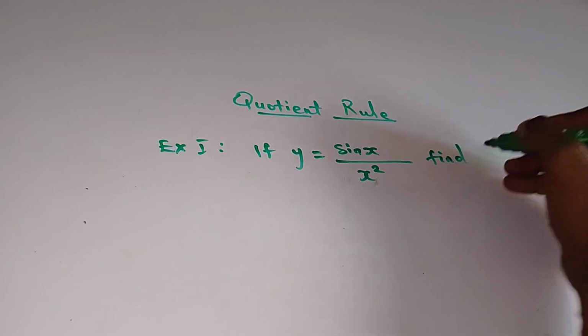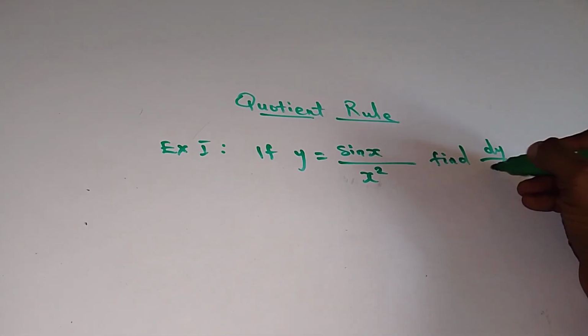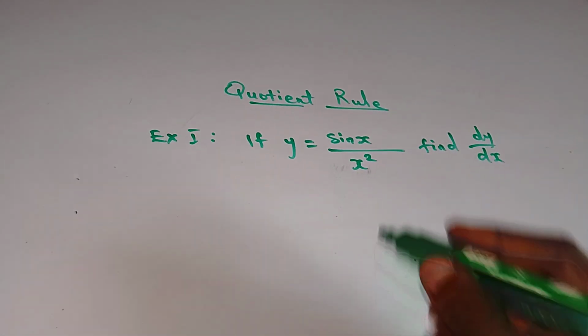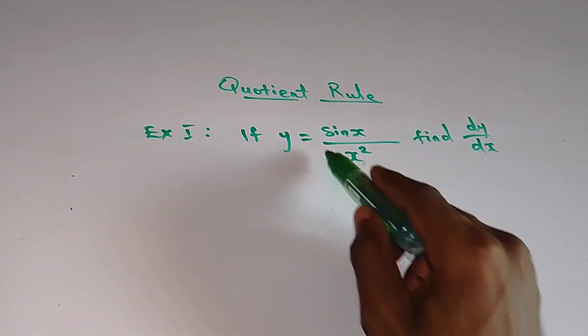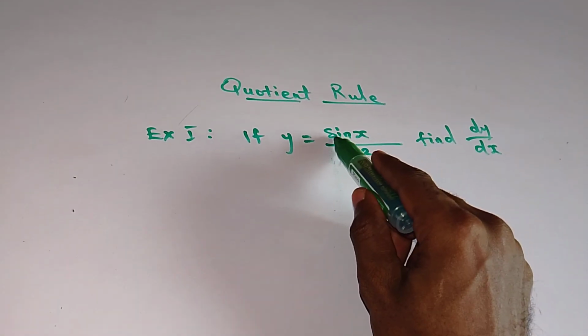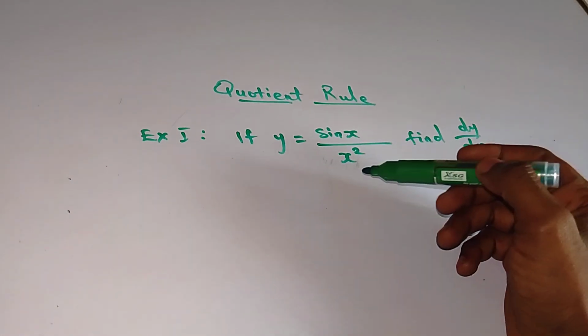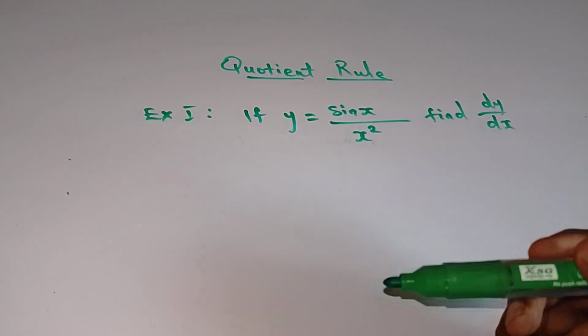That's find dy dx. So in this case, this has to do with quotient because this is division. Sine x is the numerator, then x square is the denominator.